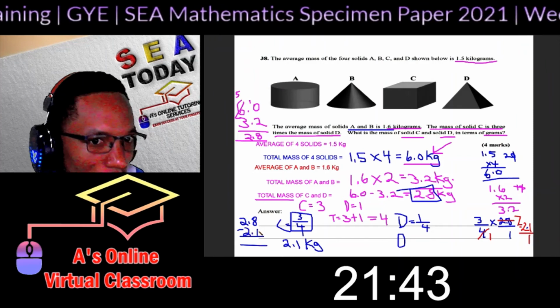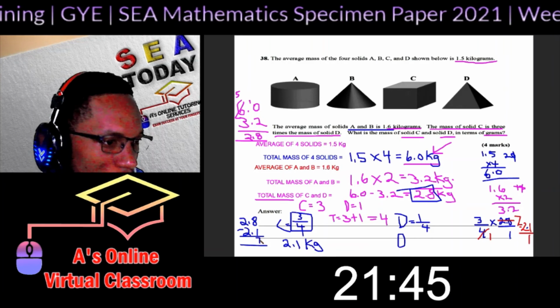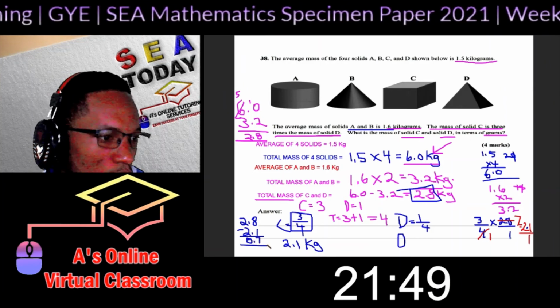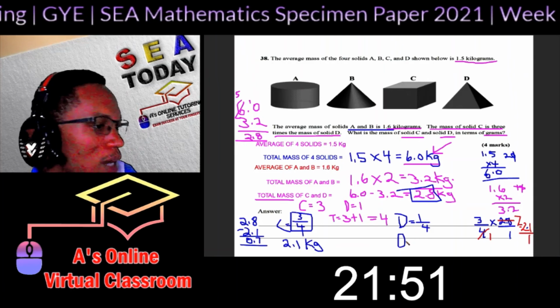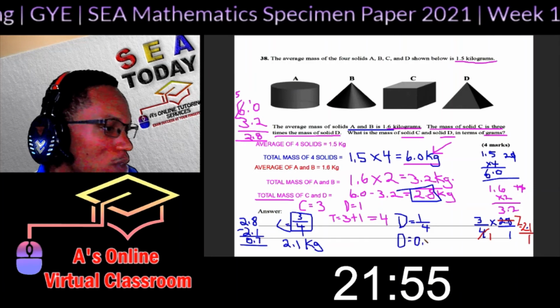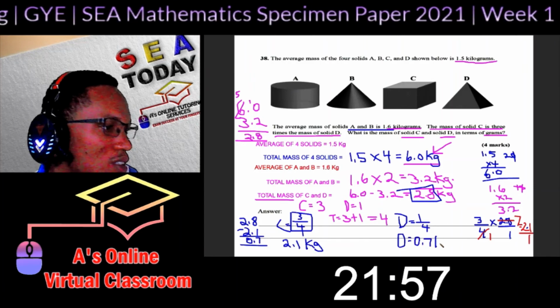Eight take away 1 is 7. 2 take away 2 is 0. So the mass of D would be 0.7 kg.